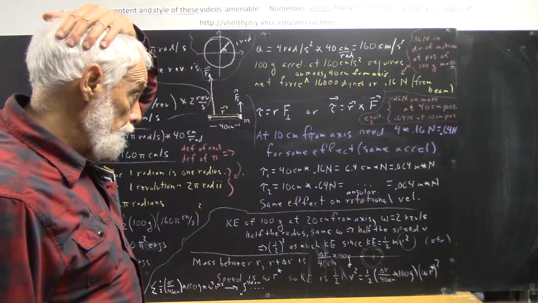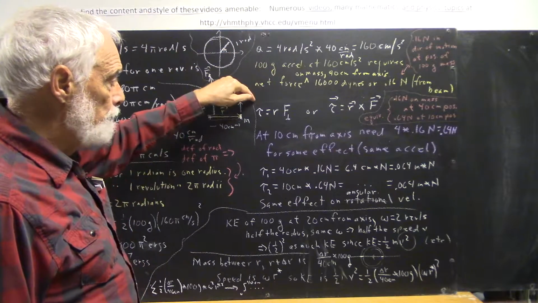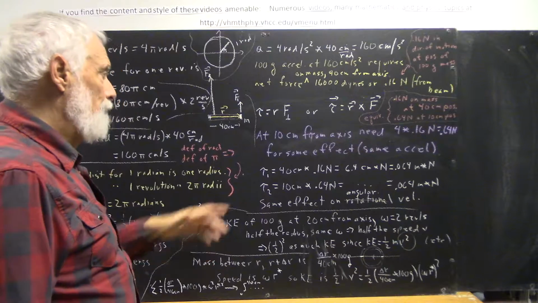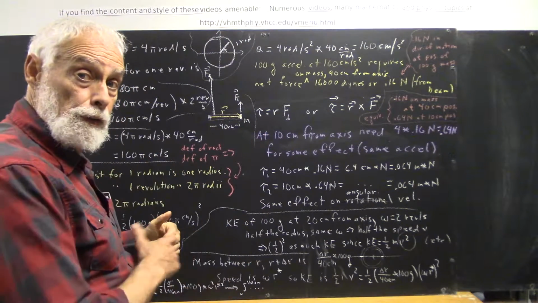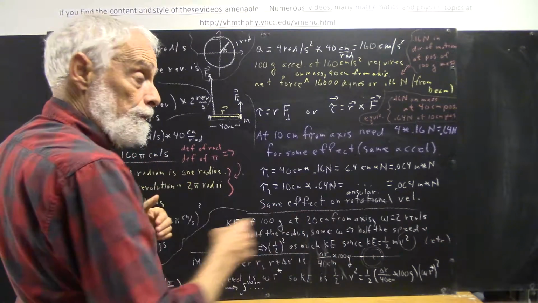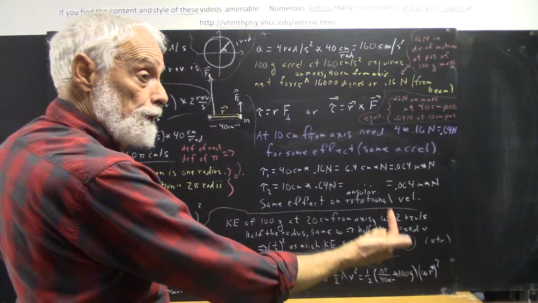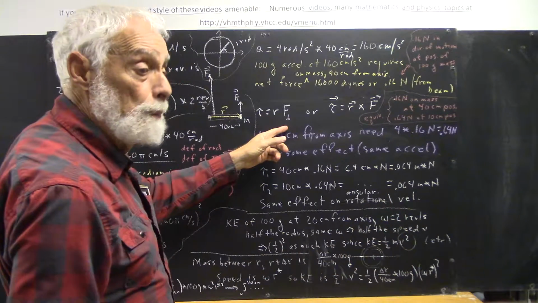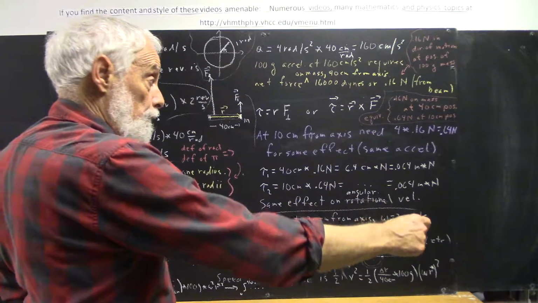But from that we get this definition of what we mean by torque. Torque is R, which is the distance from the axis of rotation out to the object, multiplied by the component of whatever force is exerted out there, the component perpendicular to the vector from this point to this point.